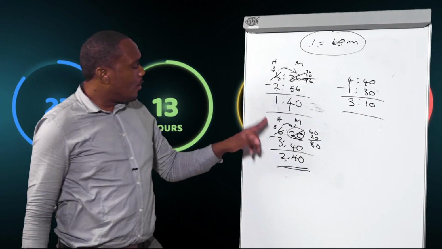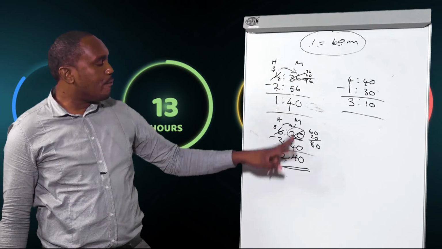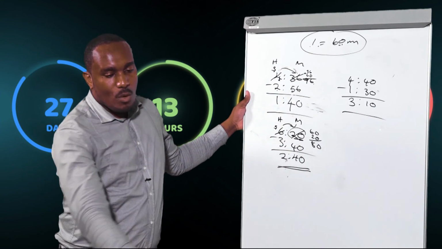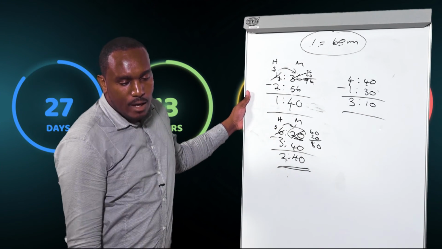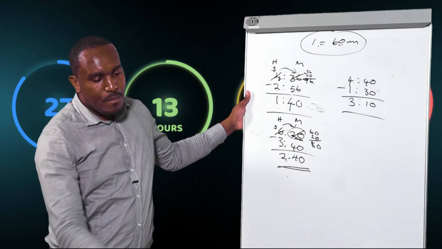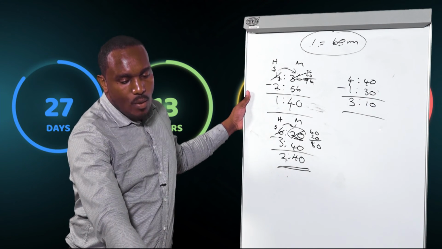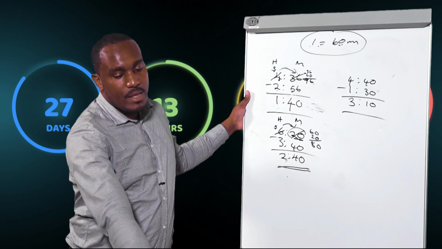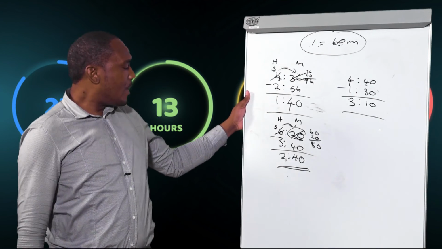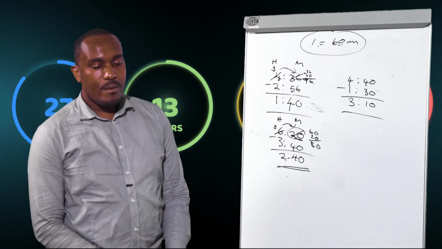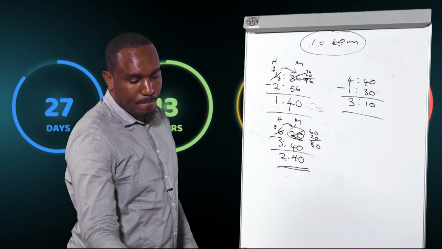So, meaning you have 2 hours and 40 minutes when you subtract that number. That's 6 hours, 20 minutes, subtract 3 hours, 40 minutes. Your answer will remain 2 hours and 40 minutes.